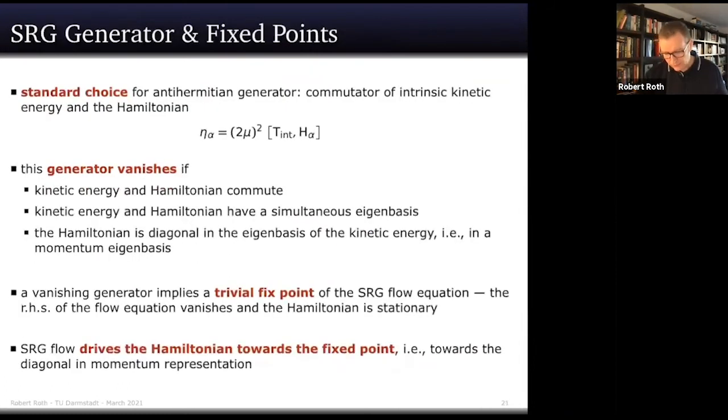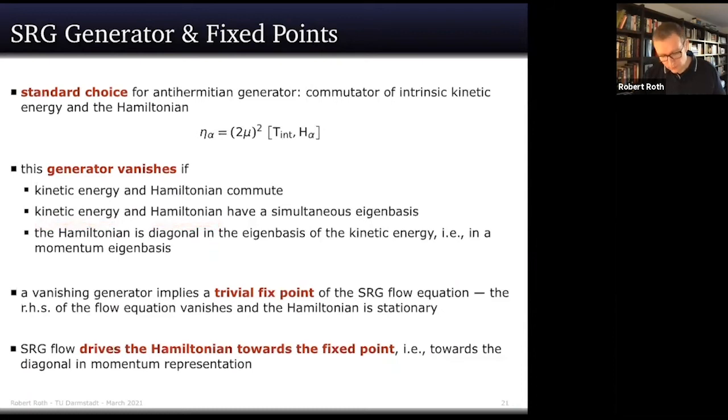And you can do that with a simple commutator choice, because already this commutator, the eta itself, will vanish whenever kinetic energy and Hamiltonian commute. Okay, that's kind of trivial. But when do they commute? Well, as soon as these two commute, that implies that the kinetic energy and the Hamiltonian have a simultaneous eigenbasis.